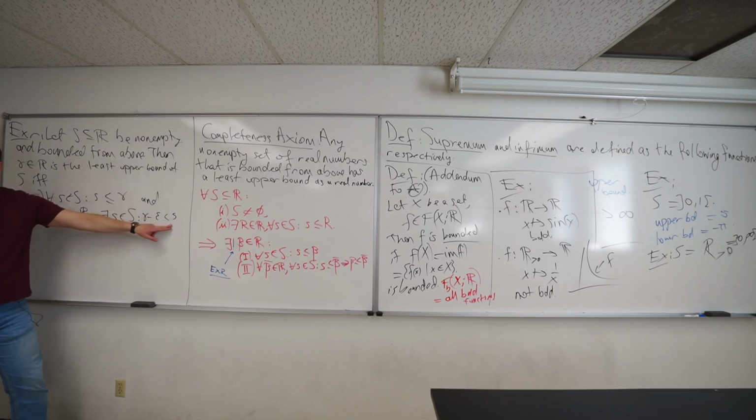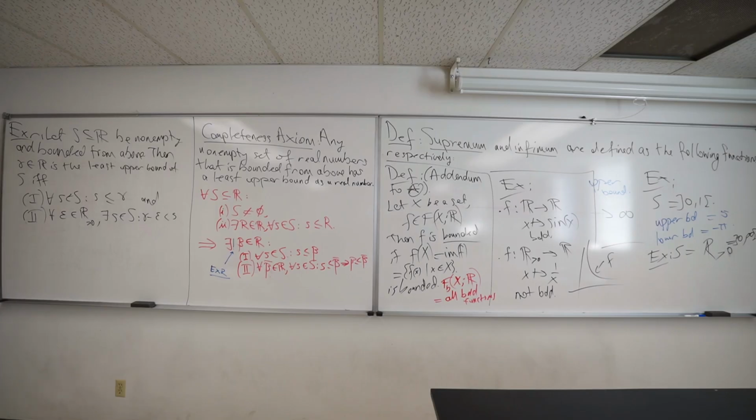Okay. I'm wondering why it wouldn't be less than or equal to S. That's because I sort of verbatim negated the logical statements. Because in the definition of an upper bound, we use the less than or equal to. And so let's do it like this, okay?